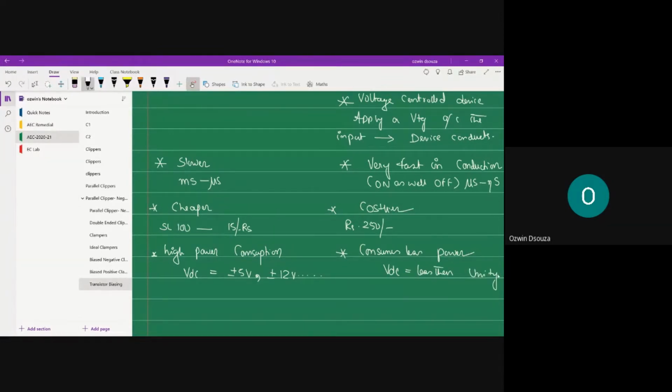Such devices are there, though less than unity is a very sophisticated MOSFET. If you don't want to consider that, you have MOSFETs which work on relatively lower power levels, plus or minus 5 volts, plus or minus 3 volts. So the power requirement for MOSFET is less compared to BJT.